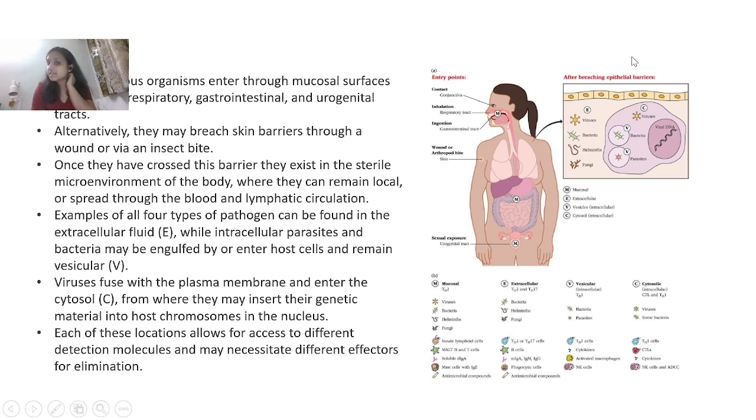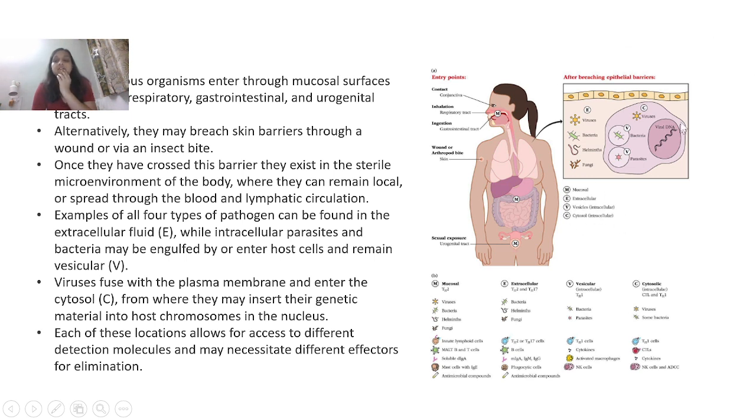Here also, as I said, you can see that when a wound or arthropod bite is there, the pathogens can enter. Then these are the different locations: M means mucosal, E means extracellular, V means vesicles, intracellular, C means cytosol, also intracellular.